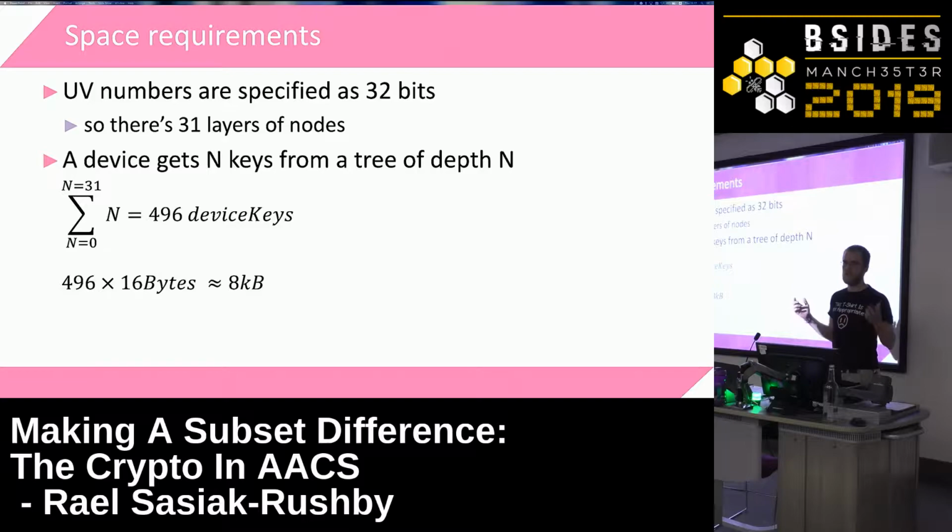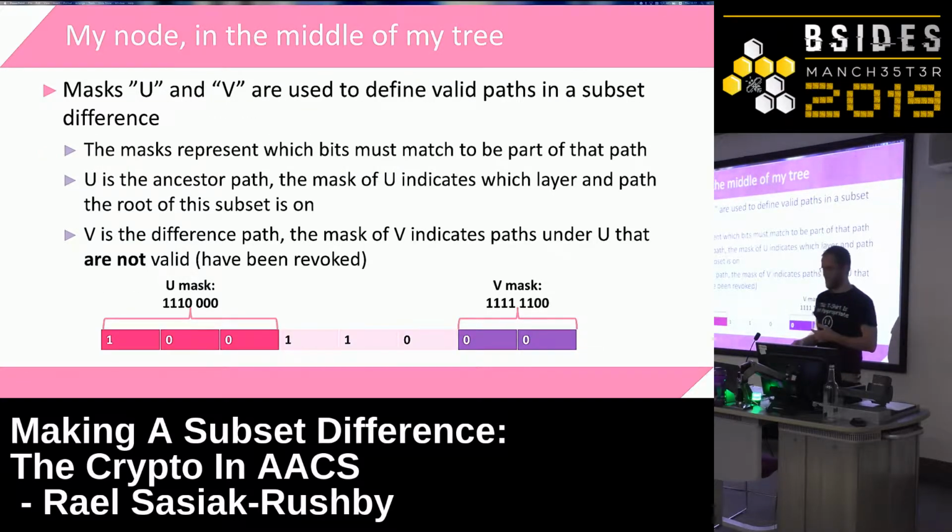Cool. Any other questions? I'll just quickly run through the slides before you cheer. If you're reading the specification, this is how nodes are defined. We define them with a UMask and a VMask. UMask defines which tree down it's in, so the absolute root master tree at level 0 has a UMask of absolutely 0. The whole thing is valid.